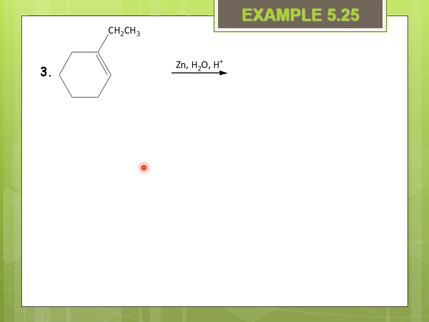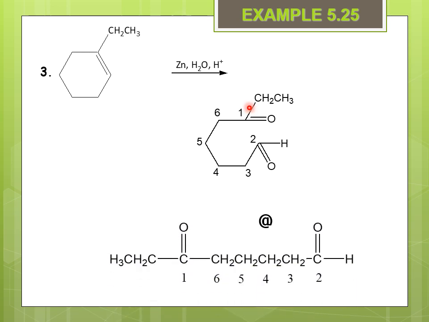So let's draw it further. Here, as you can see, there is carbon number 1 and then 1 carbon is next to carbon number 6, 5, 4, 3, and carbon number 2. There would be a carbonyl compound both at the end of the compound, and we can also draw it using a straight chain compound where carbon number 1 is labeled here next to carbon number 6 here.